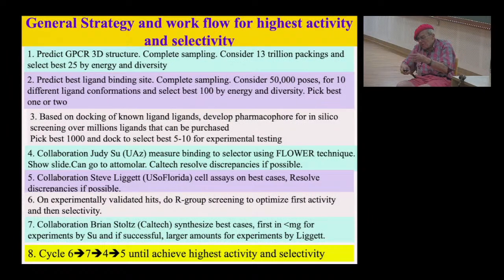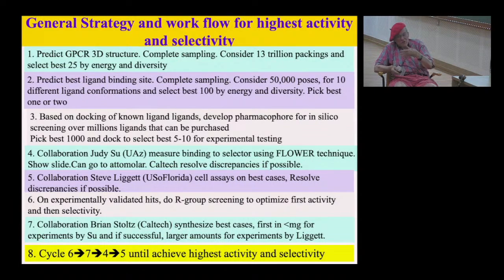Okay, so where we are now is we have a plan that's evolved for how to make progress in getting ligands for G protein coupled receptors. We first predict the structure. We use this ensemble technique. We do the bihelix, super bihelix, get the best 25 structures. We take some known ligand, if there is one.